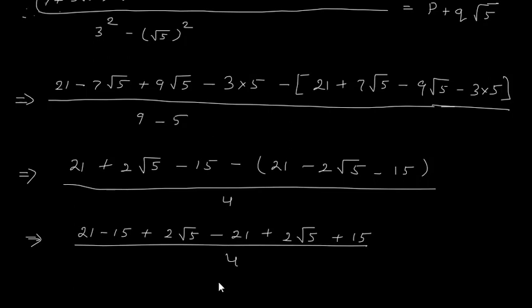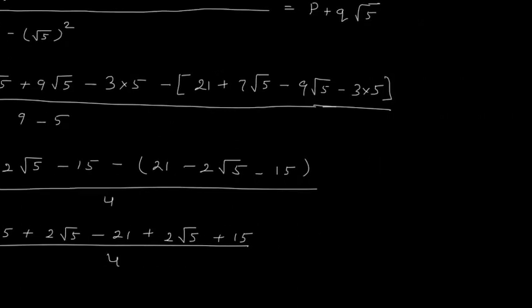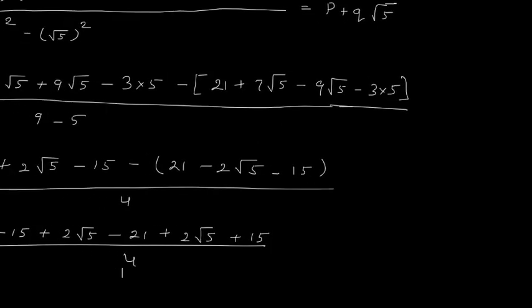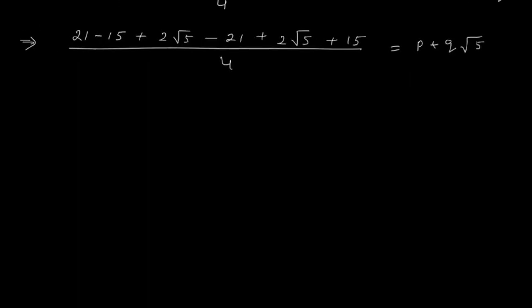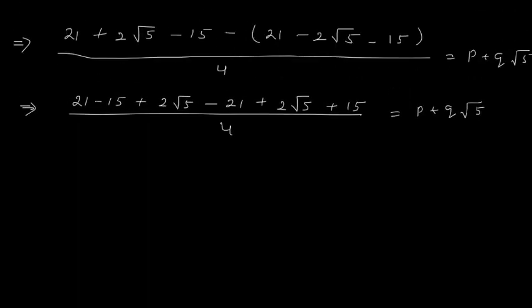Now I am not writing right hand side, let us write right hand side also. Right hand side is p plus q root 5, so here it is p plus q root 5, okay. We have to find the value of p and q. So this implies, now 21, here 21 is plus and here 21 is minus, so cancel.